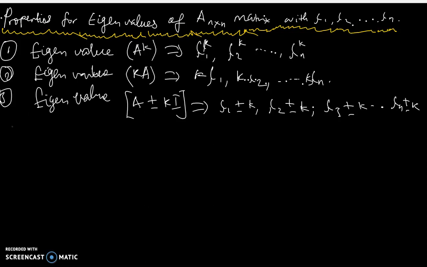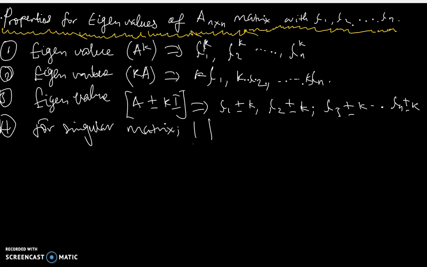The number 4 property for eigenvalue would be for a singular matrix. Let's have this down. If you are having a singular matrix, what this implies is that you are going to take the modulus.